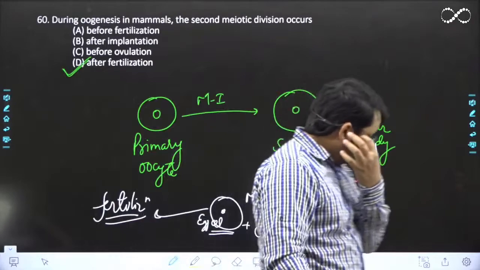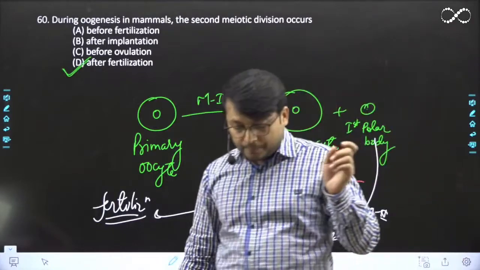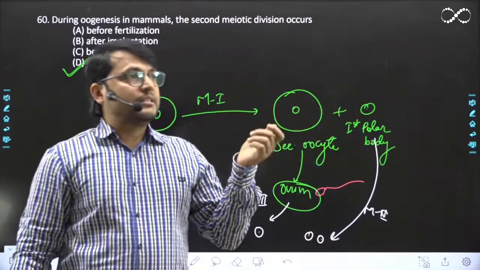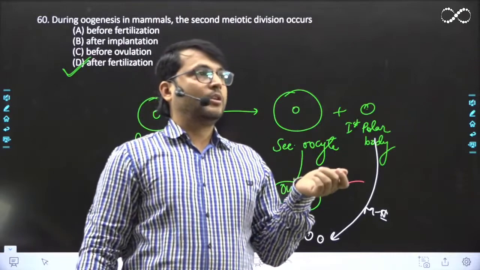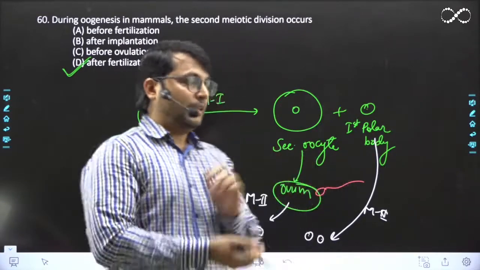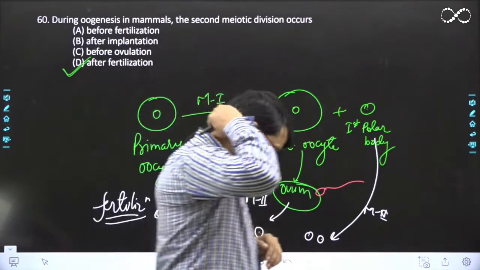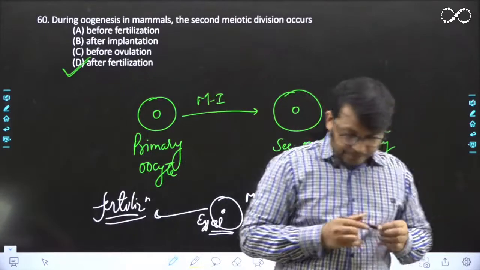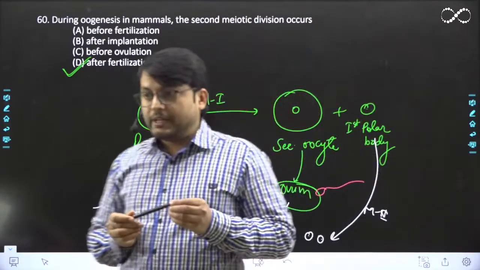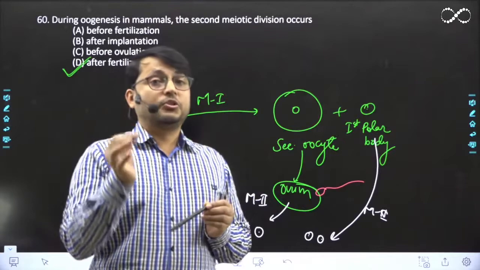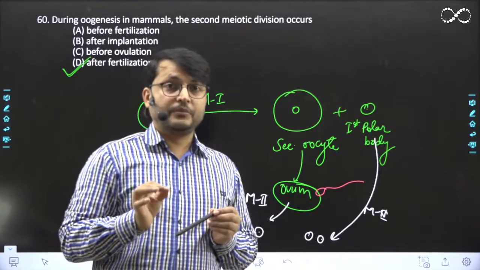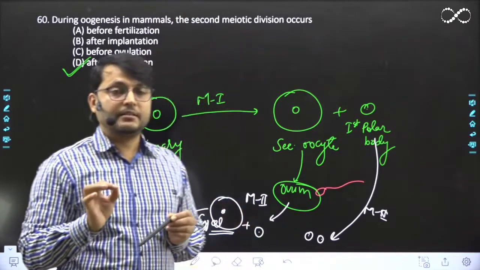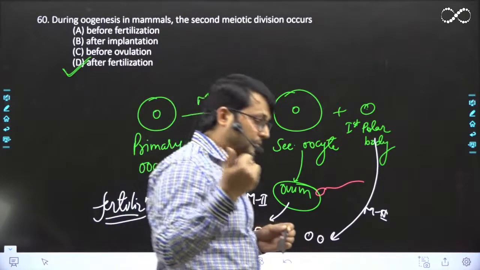Very good. Akhil has this doubt: sir, is Chlamydomonas unicellular Monera or Thallophyta? See, Chlamydomonas is a eukaryotic organism, therefore it cannot be a member of Monera.